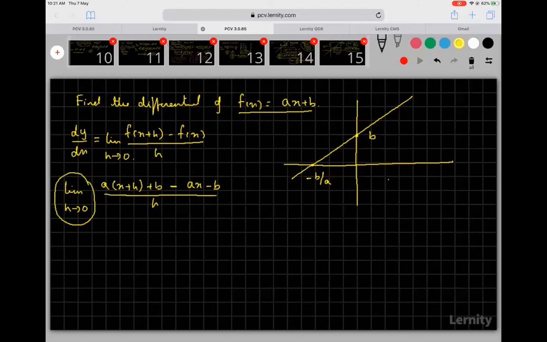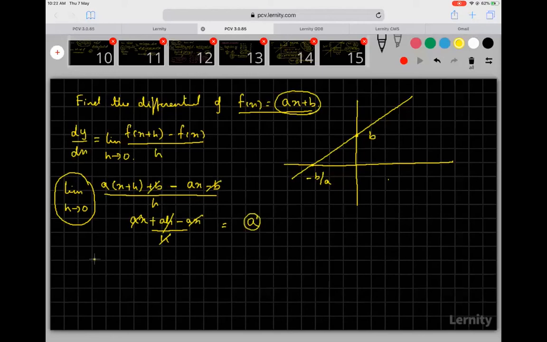H is a very small number. So this b gets cancelled. So I'll have ax plus ah minus ax. These two will get cancelled, h gets cancelled by h, and I'll get a.